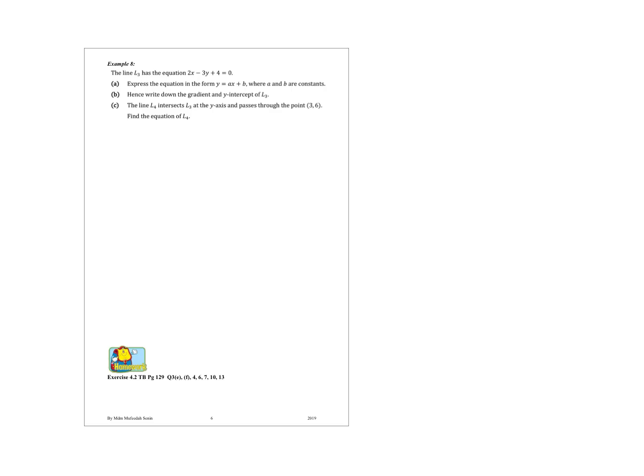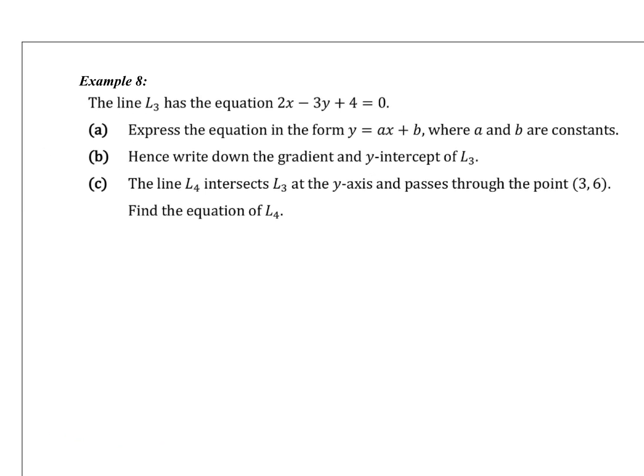Okay, next one. This is the equation of line 3. They say express it in gradient intercept form. So first thing I would like to do is to bring my y to the other side, so that y is on its own. Okay, then I want to make y the subject of formula, so I divide every number by 3.